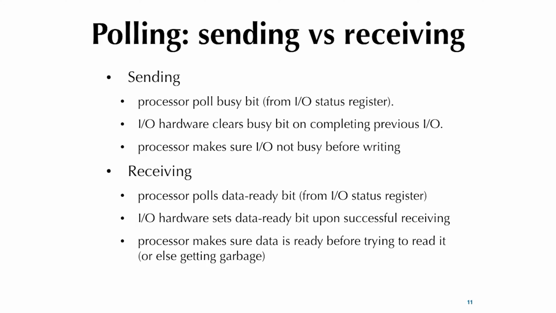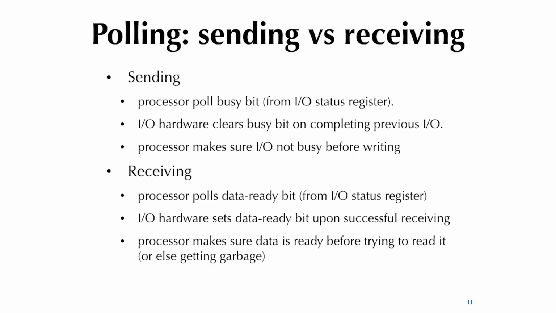And so for polling, you poll if the device is busy until it's no longer busy, so the hardware sets it. When you detect it's not busy, you go ahead and do the sending. And then when it starts sending, hardware sets the bit. And receiving, so it also checks if there's a bit ready to be received.